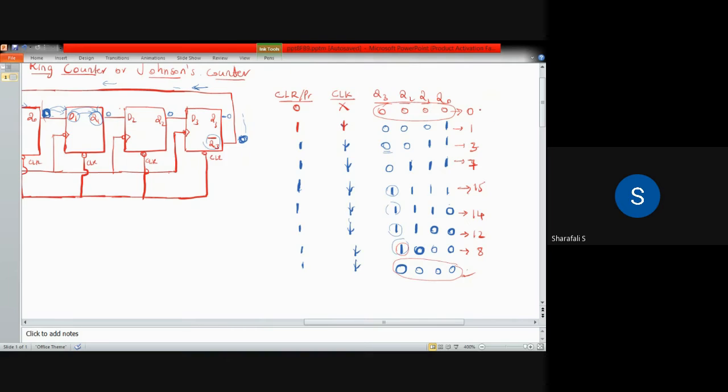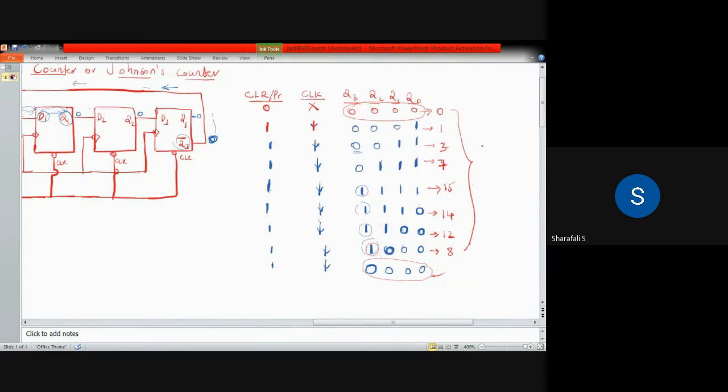So we have this many states with the Johnson counter or twisted ring counter. So how many states are there? 8 states are there.